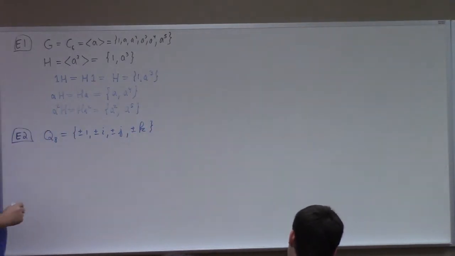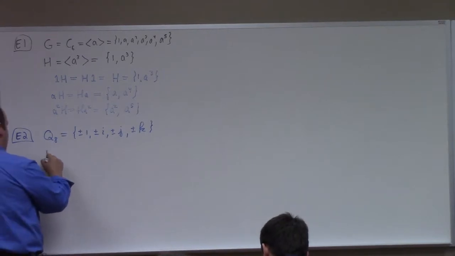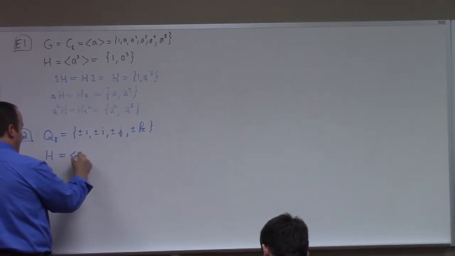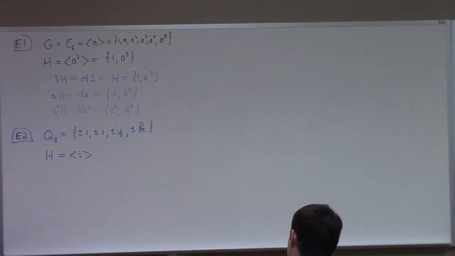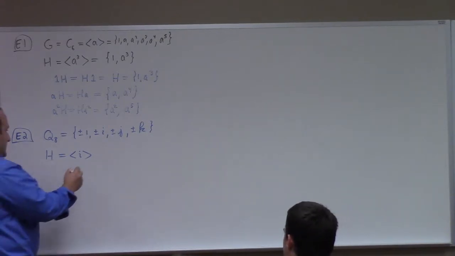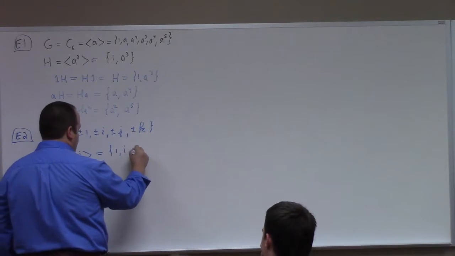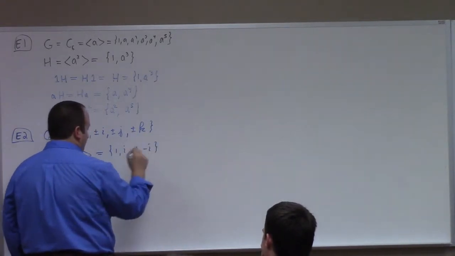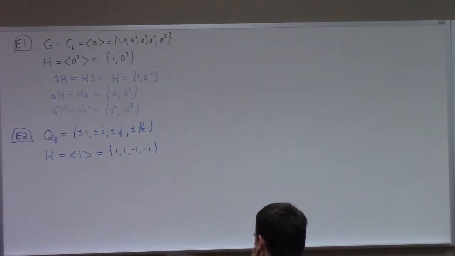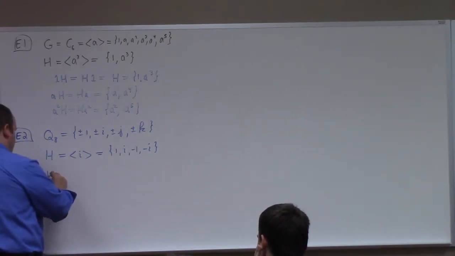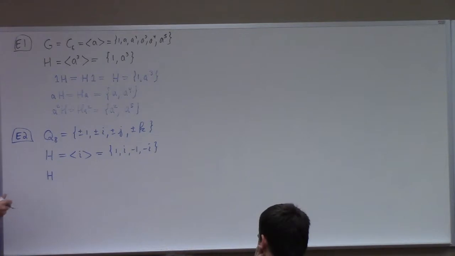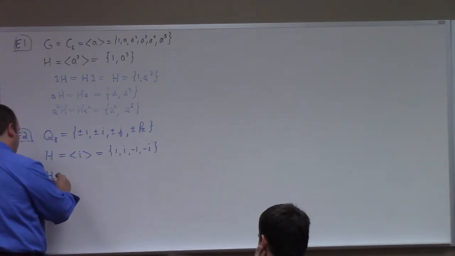And I'll look at the subgroup H generated by i. It's a group of order 4. It's got 1, i, minus 1, and minus i in it. And so you can look at cosets of H. Here it matters: Hj and jH might not be the same. I think they actually are the same here, but that's kind of a fortunate thing.